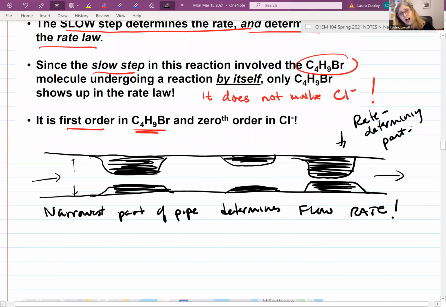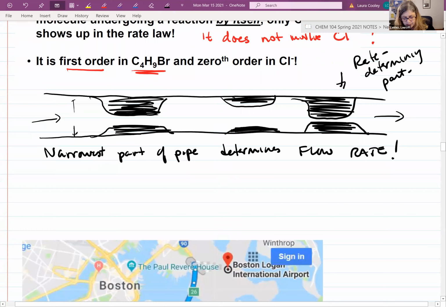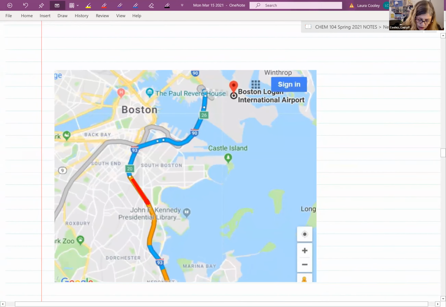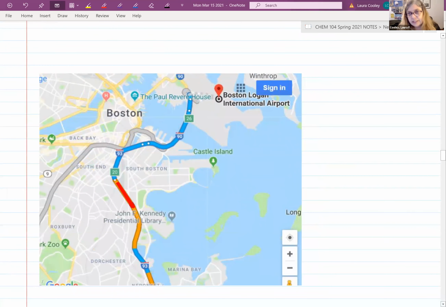So it shouldn't be a shock that the rate determining step in a reaction, the slow step, is totally responsible for the rate. Here's another instance. When you go to Boston, to Logan Airport, you look at Google Maps or something like that. What part of this map scares you the most?